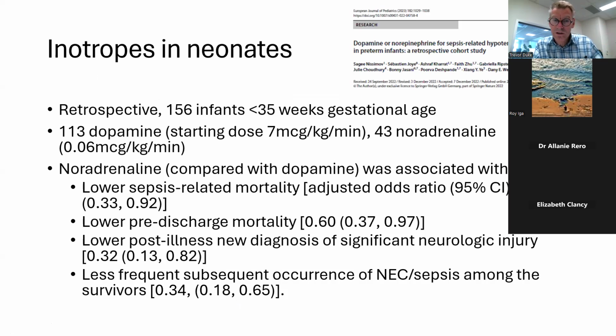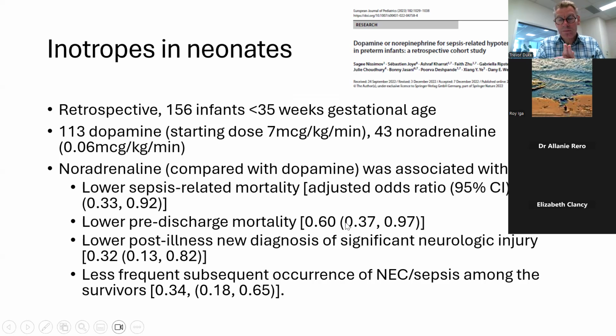I just wanted to touch on inotropes in neonates and say that certainly for preterm neonates with hypotension, 2 things are beneficial. One, certainly a bit of noradrenaline can help. We used to give lots of dopamine to neonates, and now that's not often given.